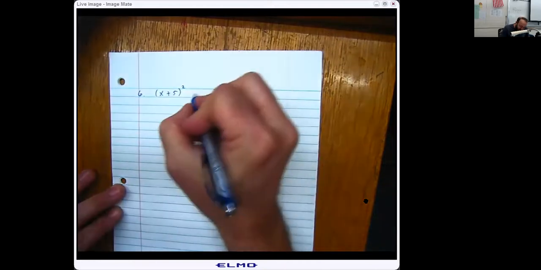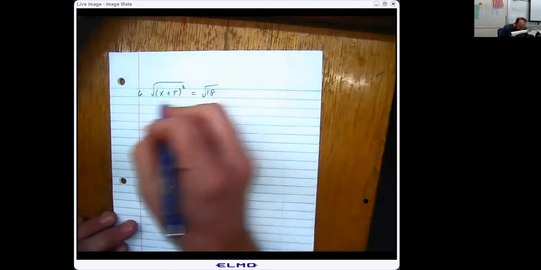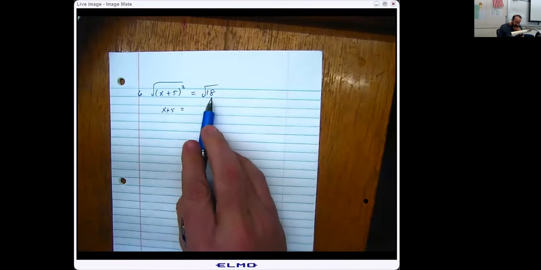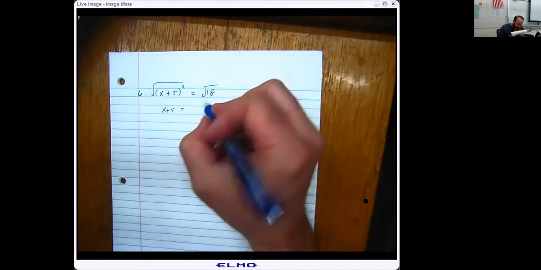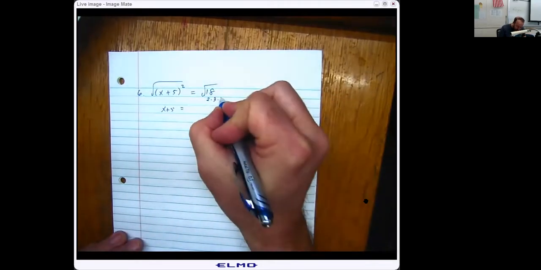So this time we're going to just go simple. (x plus 5) quantity squared is 18. Now, again, same as before, we had it all by itself, so x plus 5. But hey, Mr. Wheeler was telling us how to play Go Fish. So when I look at the number 18, I see 18 would be 2 times 9, but 9 is 3 times 3.